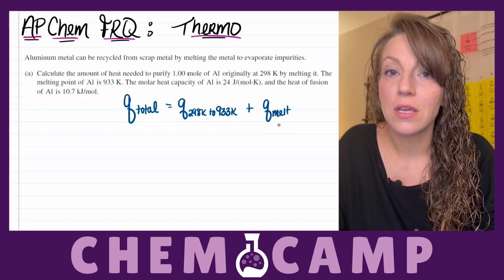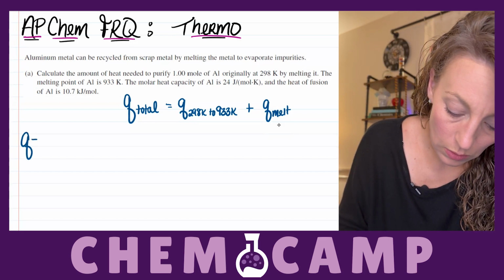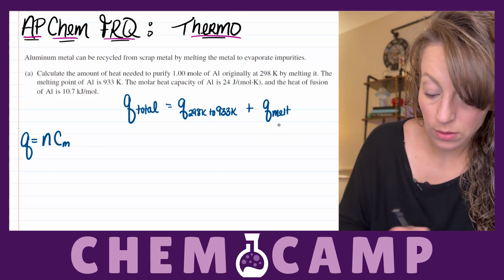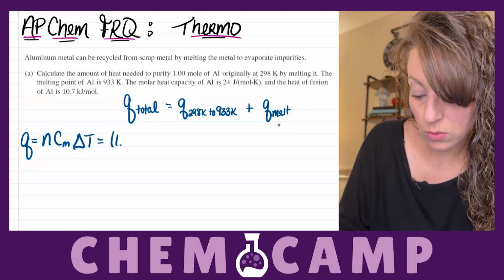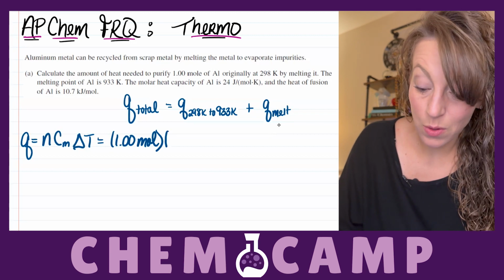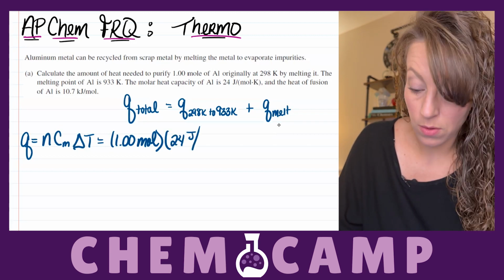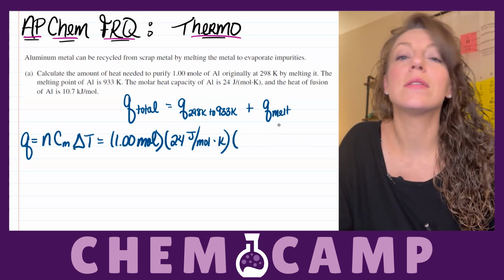So we're going to adjust the equation ever so slightly. What we're going to do is Q equals n, the number of moles, times the molar heat capacity times delta T. So we're going to do 1 mole of aluminum times its molar heat capacity, the 24 joules per mole times Kelvin times delta T.